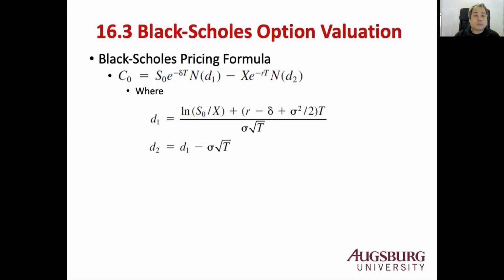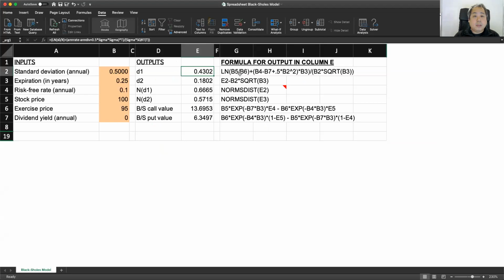So again, go to the Excel spreadsheet. We already set a formula here, but basically it's the same. It's S0 divided by X. So that's D1. And D2 is simply D1 minus sigma times the square root of T.